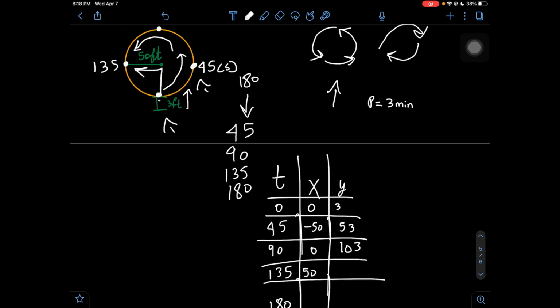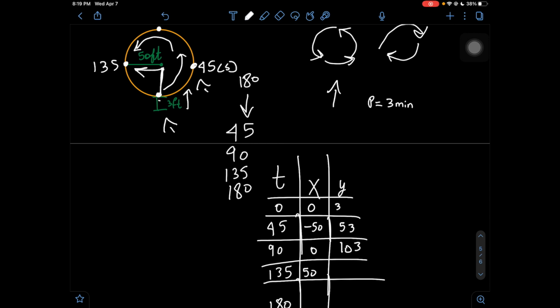Well, now we know that our y, we moved up to the middle of the circle, and our y should be the same as 45 because we can see that they're aligned. Well, now, what was our y? How did we get it? And our y, we know that the radius is 50, meaning from any point from the edge of the circle to the center is going to be 50 feet.